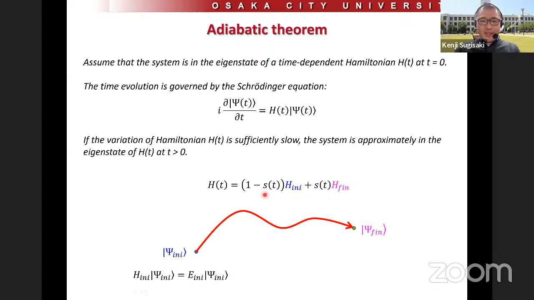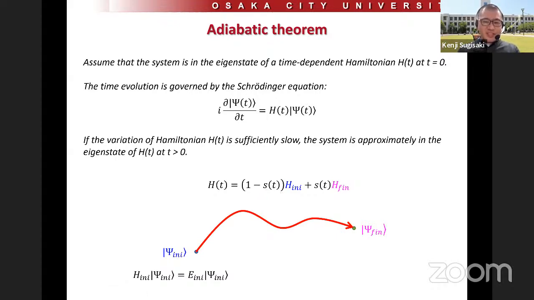Let us define s(t) as the scheduling function. Usually it is set to be t divided by large T, where large T is the total evolution time. So roughly speaking, s varies from 0 to 1.